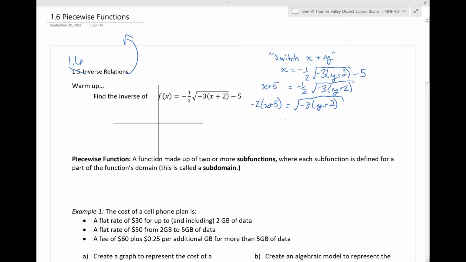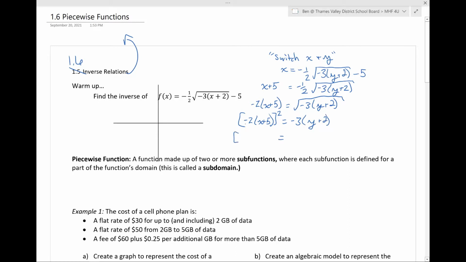Now I can square both sides here, leaving me with -2 times x plus 5, all squared. Now if I square all of that, we can simplify that a little more later. All squared equals -3 times y plus 2. And we can keep pushing on forward.